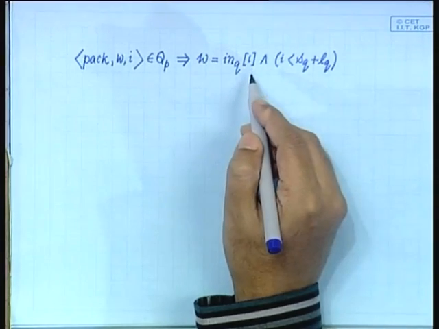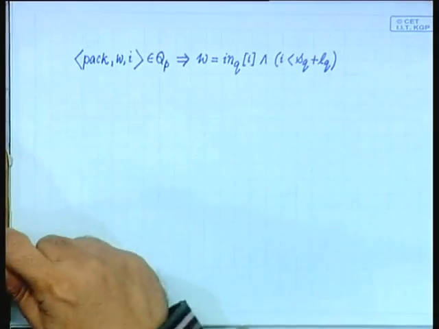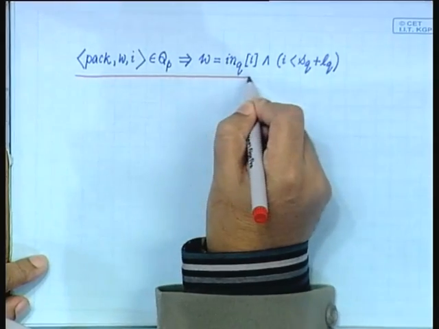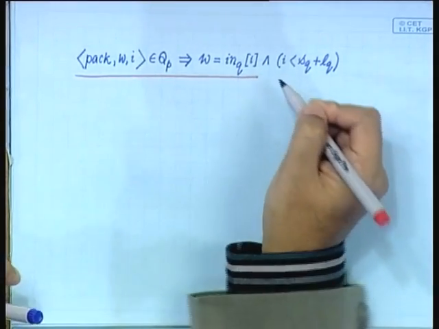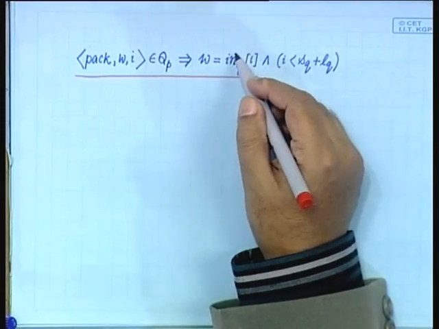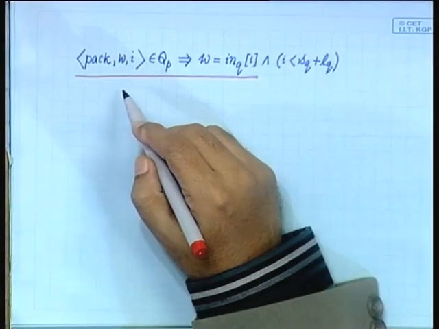this part is guaranteed by the sending, right, because what are we doing? When Q is sending a packet, then it is copying in QI into pack Wi and putting it in the queue, right.